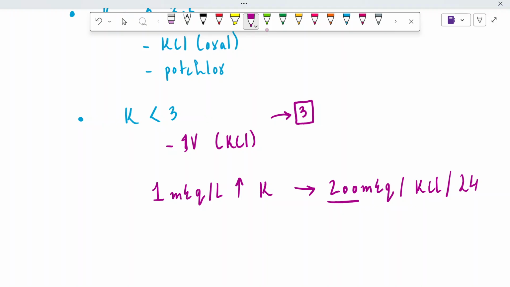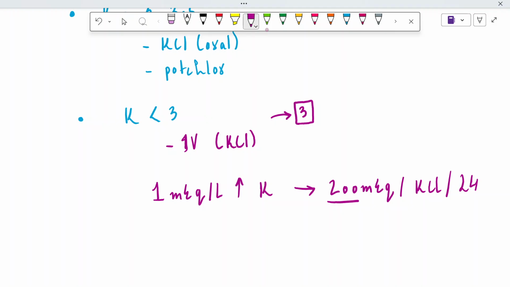If a person has amphotericin B toxicity, and when we check the electrolyte panel we find that potassium is approximately 2.3 milliequivalents per liter, what is the amount of potassium that we are trying to correct? We are just trying to correct up to 3, and then we can disconnect the IV. So the amount of potassium we are trying to correct is 0.7 milliequivalents.